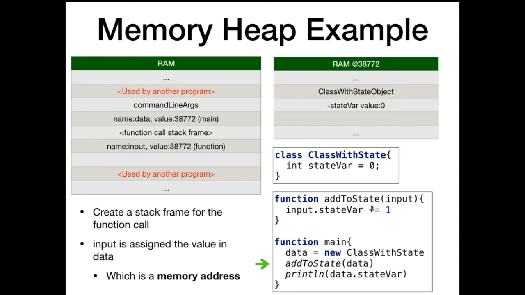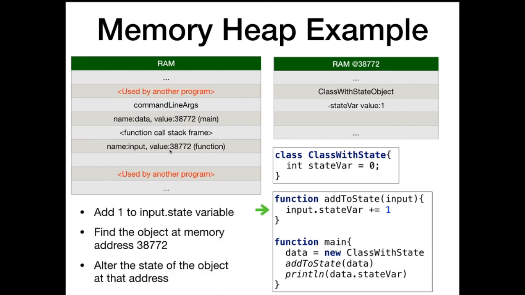And when we change the state of this object, in this method we're saying input, which stores this memory address, access this memory, find a variable named stateVar, and increment it by 1. Now we can see this change from our main method because we didn't just change values on the stack inside the stack frame.